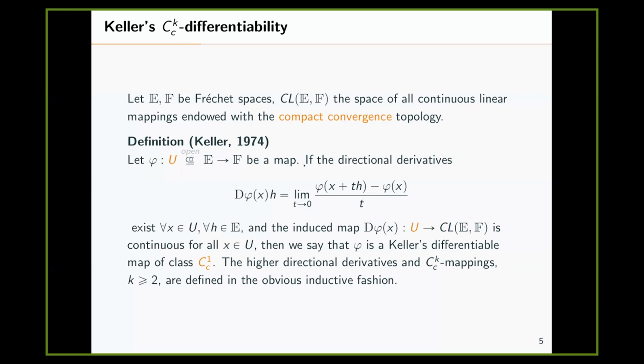A mapping is called Keller differentiable of class C sub S^1 if the directional derivatives in all directions exist and are finite, and the derivative is a function from the domain of the function to the space of all continuous linear mappings. It is significant for us that this function must belong to this space.